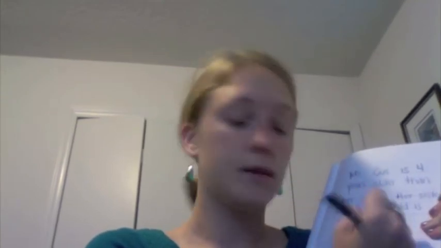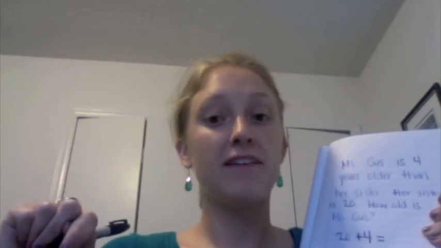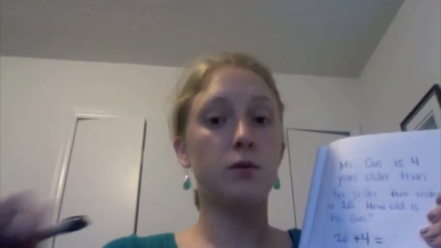Okay, so we have Miss Gus is 4 years older than her sister. We know how old her sister is, but how old Miss Gus is is what we're trying to figure out. So we say that Miss Gus is her sister's age plus 4. So we know we're saying plus 4. Well, we know her sister's age, so we can put in 20. 20 plus 4 equals, we don't know how old Miss Gus is, so we need to put in a variable to mark our spot till we figure out that number.